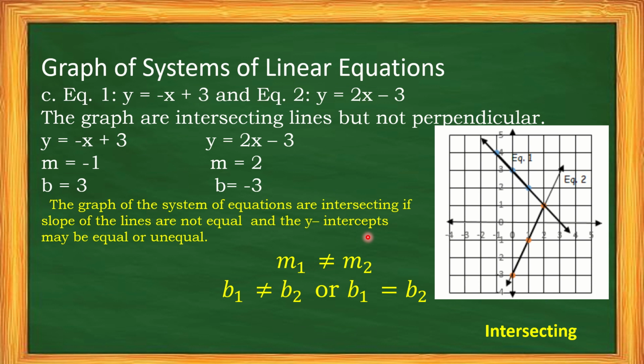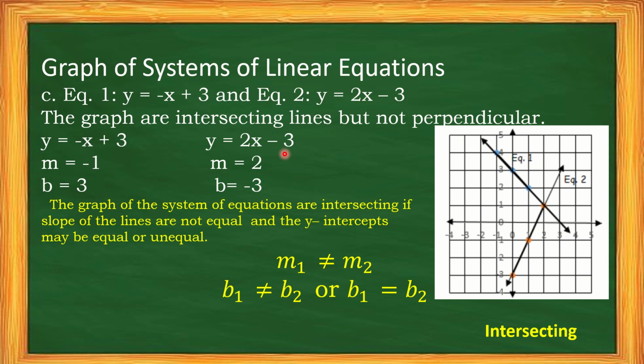In our third example, equation 1 is y equals negative x plus 3 and equation 2 is y equals 2x minus 3. In the first equation, our slope is negative 1 and the y-intercept is positive 3. In the second equation, y equals 2x minus 3, our slope is positive 2 and the y-intercept is negative 3.